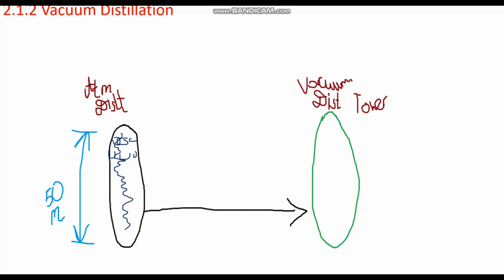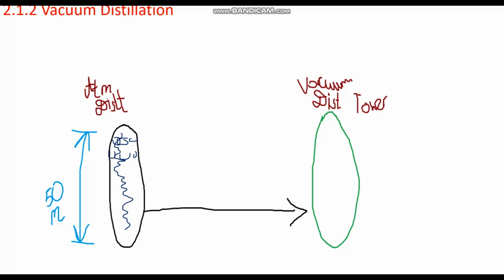In the vacuum distillation tower, we will recover additional liquid at 4.8 to 10.3 kilopascal.